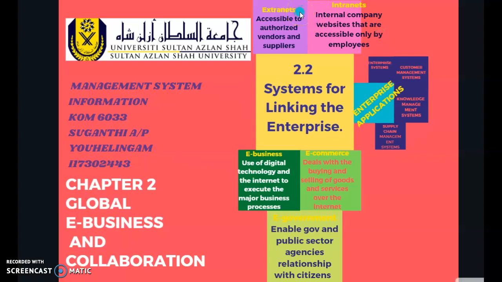Extranet is accessible to the authorized vendors and suppliers. It provides controlled access to authorized customers, vendors, partners, or people outside of the company.